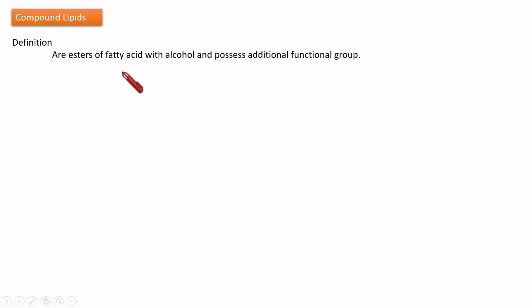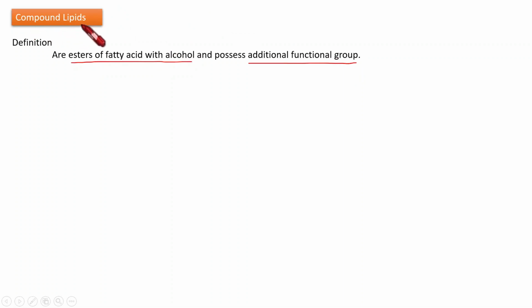Like simple lipids, they are also esters of fatty acid with alcohol. We know that esters are only forming when an acid combines with alcohol. Along with that, there is some additional functional group present that makes that lipid compound.